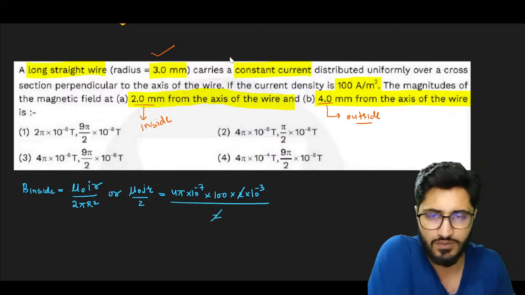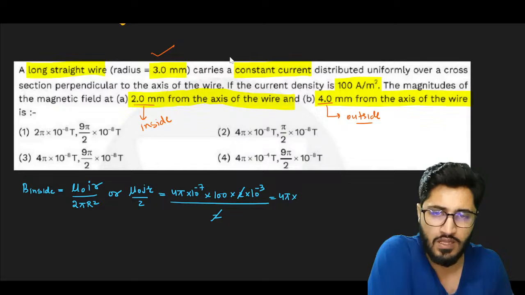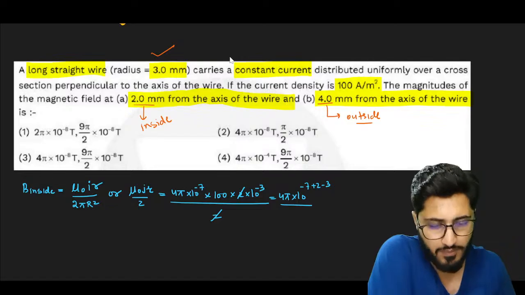The 2 cancels out. We have 4 pi 10 to the power minus 7 plus 2 minus 3, which is 10 to the power minus 8. So 4 pi 10 to the power minus 8.